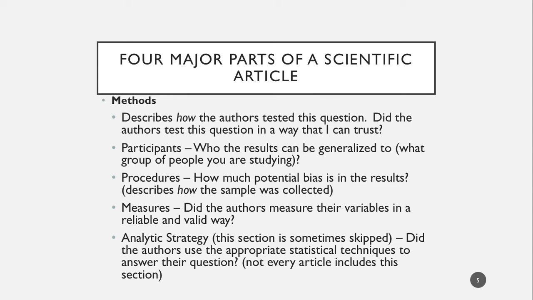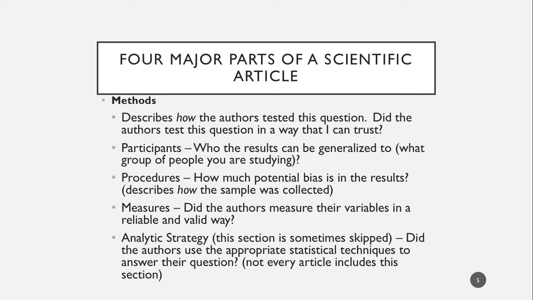And then there's the measure section. Did the authors measure their variables in a way that's valid and reliable? So you basically are describing the variable at that point. You give the operational definition of your variables and give a detailed description of them. And then there's the analytic strategy, although this section is sometimes skipped.